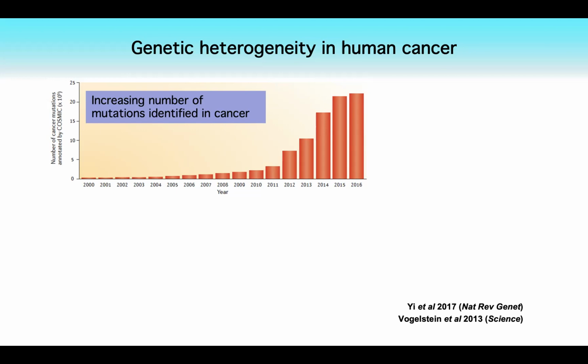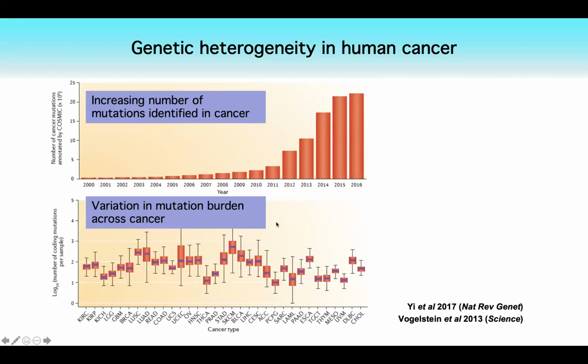We have found in the past decades, in the whole community, that there is a huge genetic heterogeneity in human cancer, as documented in a series of review articles and research discoveries. As you can see here, there's an increasing number of mutations identified in the past 2 decades.